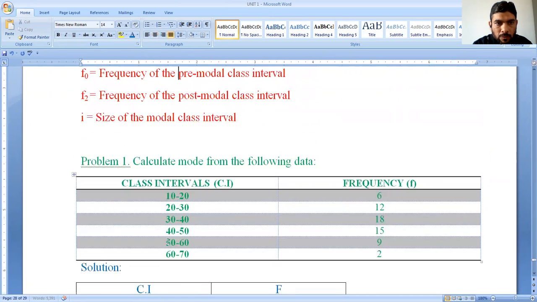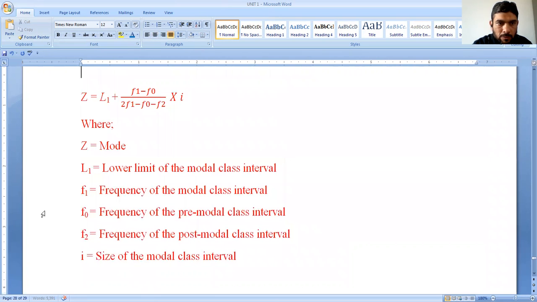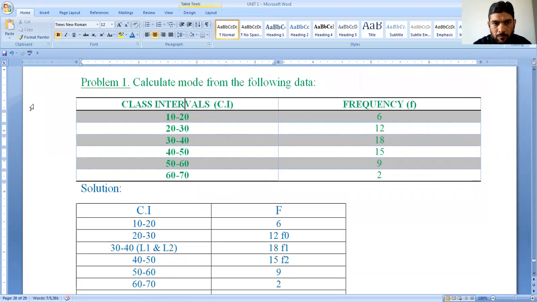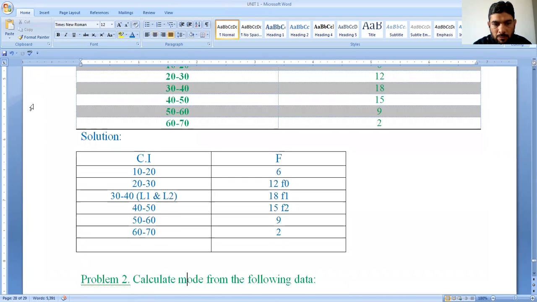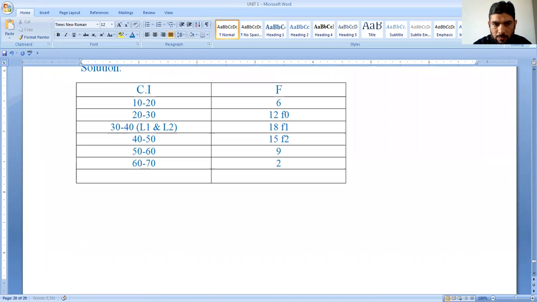We have the formula; I am just copying it from the formula section and applying the values.